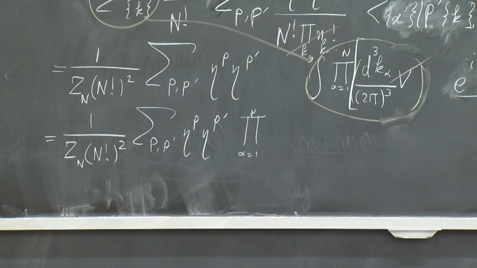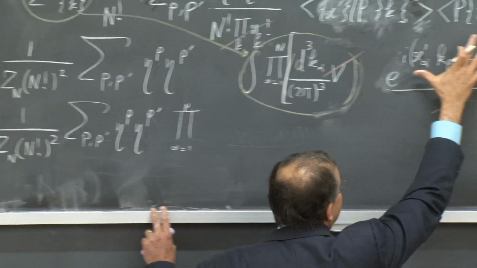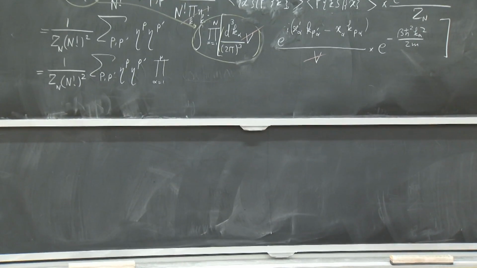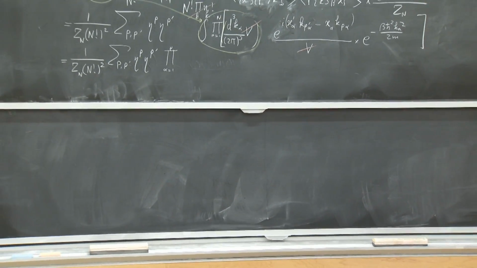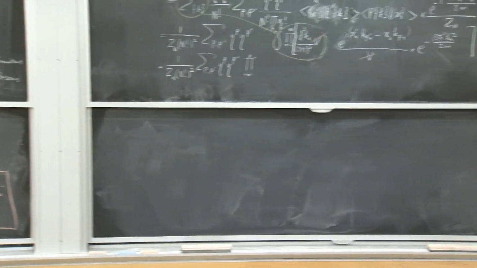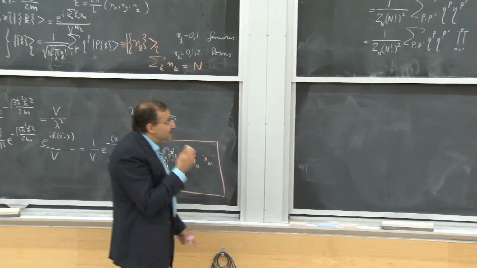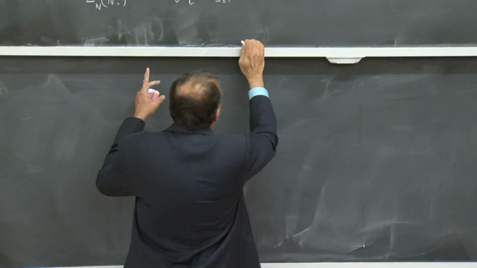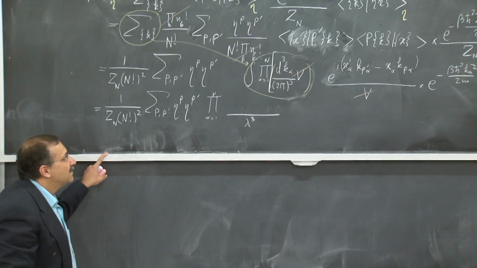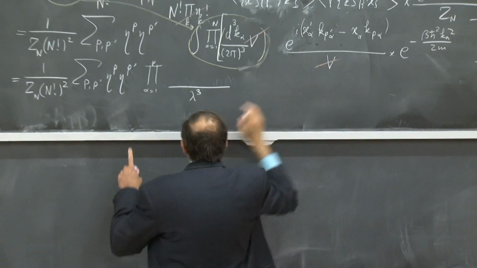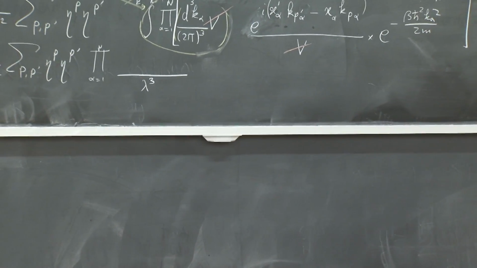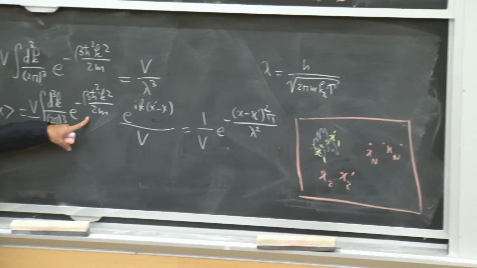What do I get? Well, first of all, if I didn't have this, if I just was doing the integration of e to the minus beta h bar squared k squared over 2m, I did that already. I get a 1 over lambda cubed. So basically, from each one of them, I will get a 1 over lambda cubed. But the integration is shifted by this amount. Actually, I already did the shifted integration here also for one particle.